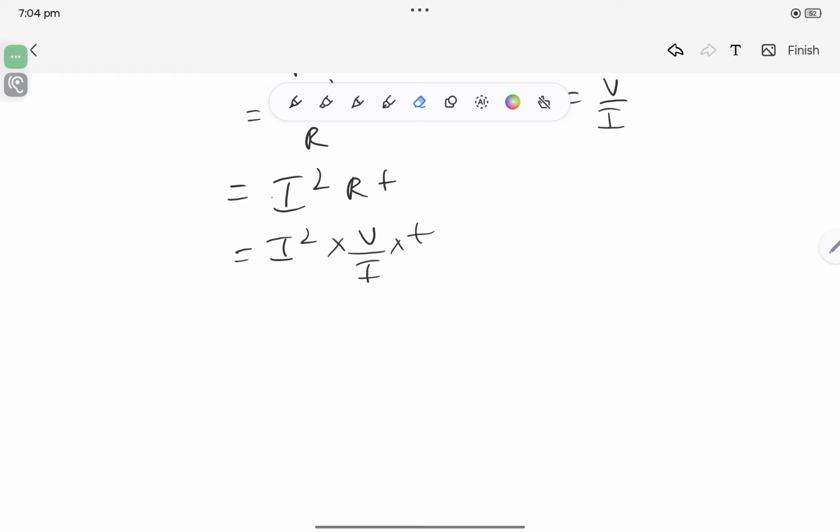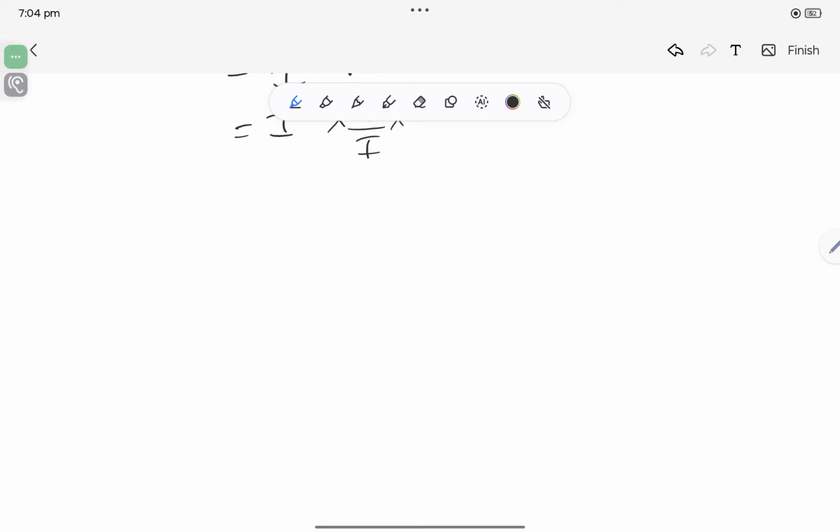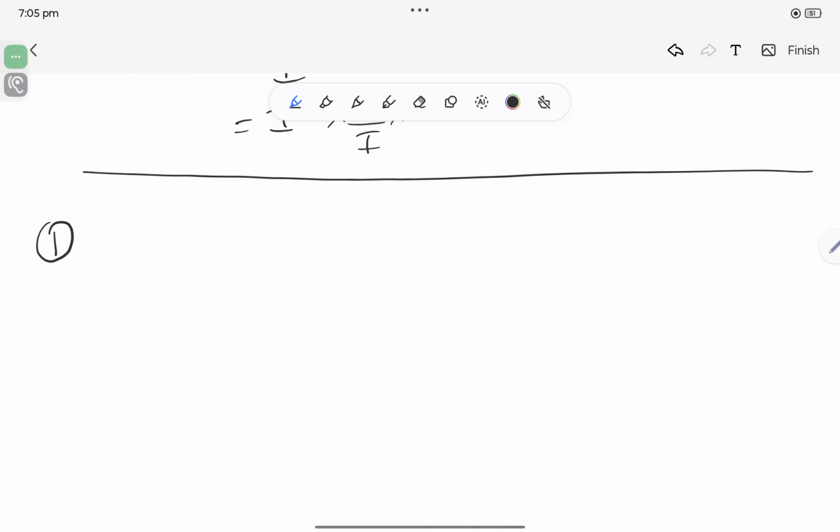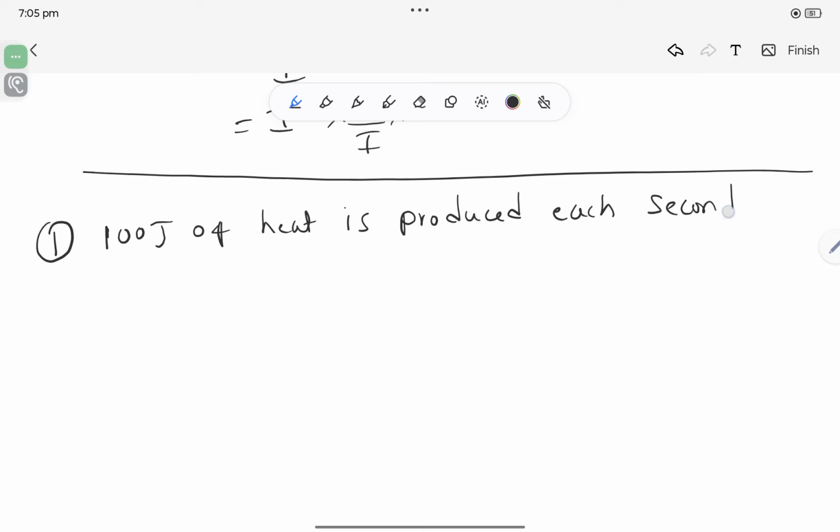Now we will solve one question so you will understand. 100 joule of heat is produced each second in a 4 ohm resistance.